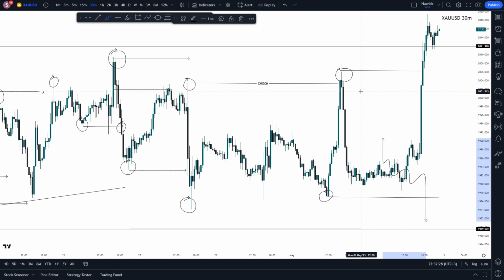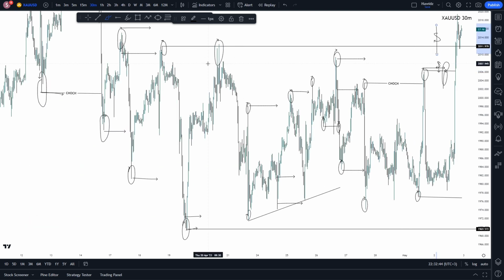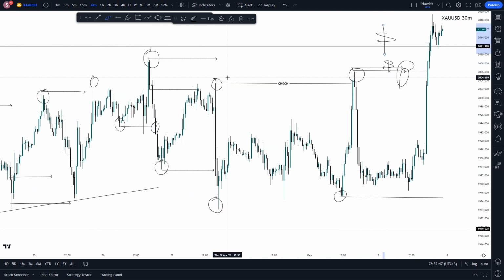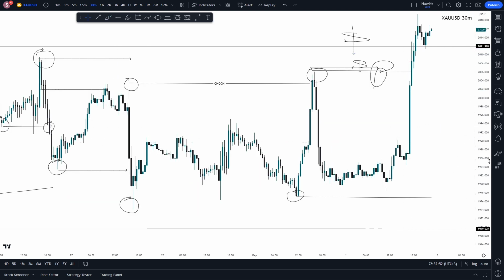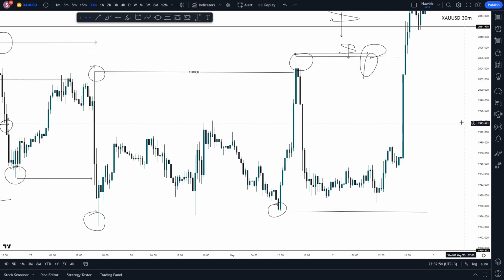But of course, what we were targeting, since we knew that this market was a bullish market, right? We were targeting this high right here to be taken as a part of liquidity. And if price was strong enough to take out these overall highs up here as a part of major liquidity. Now, with that being said, in order to catch that buy, we had to know the concept of supply and demand, right?